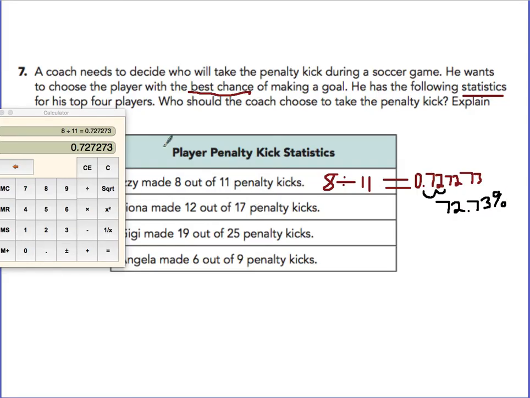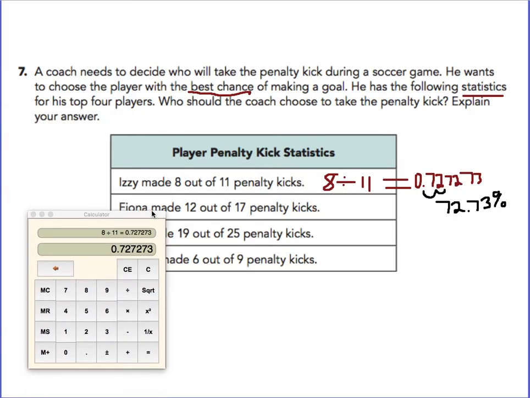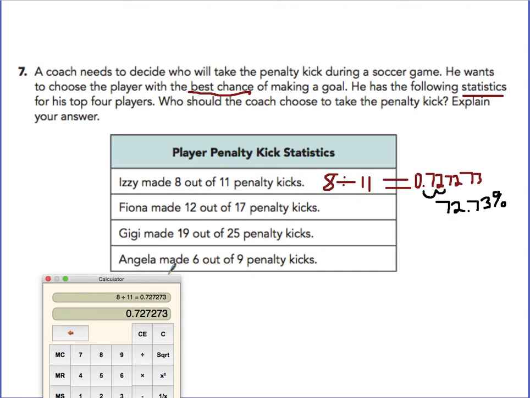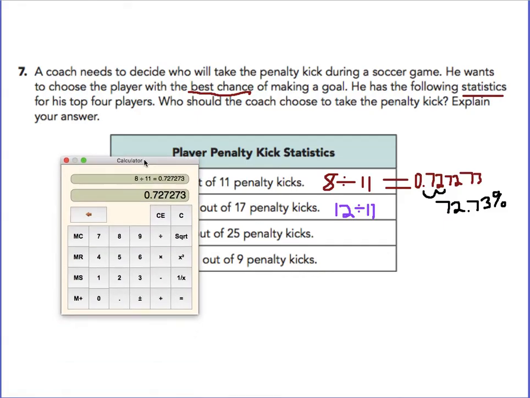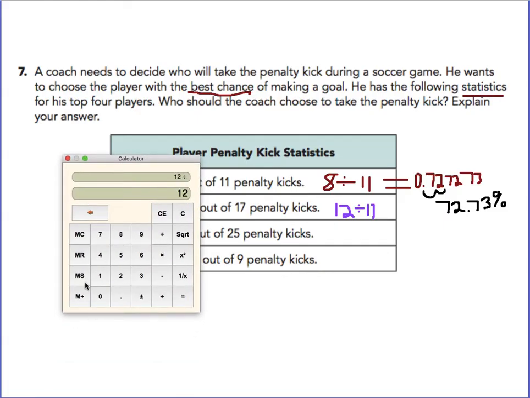All right, so now we know that the first person, Izzy, makes 72.73% of her penalty kicks. So pretty good, above 70%. Let's check out Fiona's. 12 she's made divided by how many she took. 12 divided by 17.